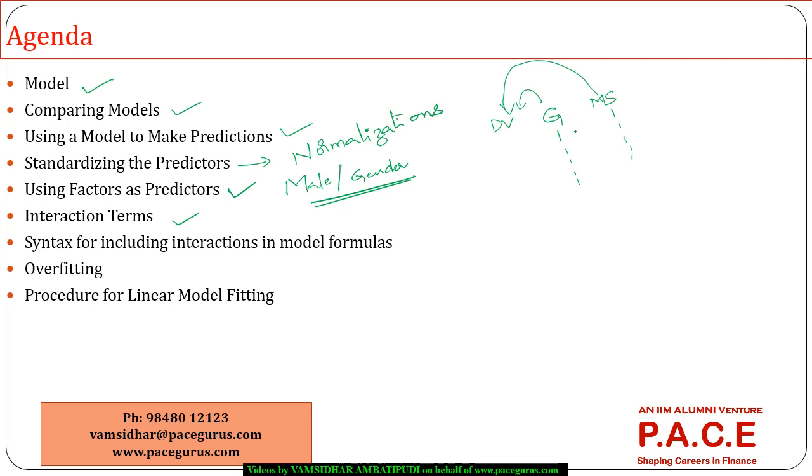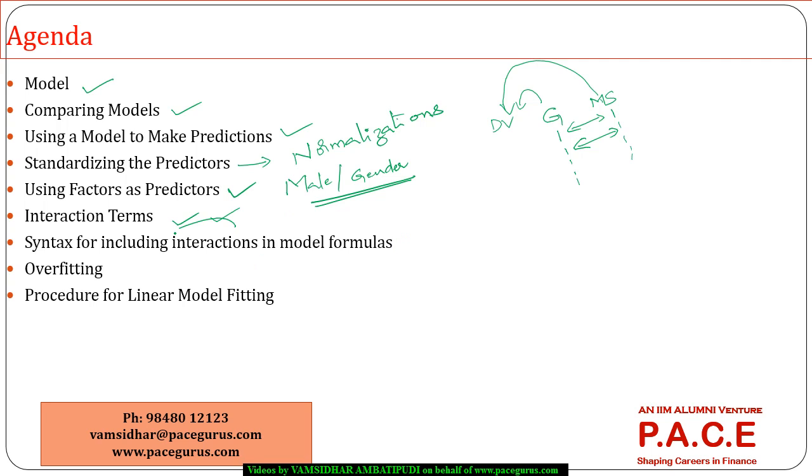But at the same time, there is the interaction between gender and marital status, which means married males versus married females, or married males versus unmarried females. These are the kinds of interactions we have to consider when understanding the relationship to the dependent variable, so we have to talk about interaction terms. So we would be bringing that aspect as well.